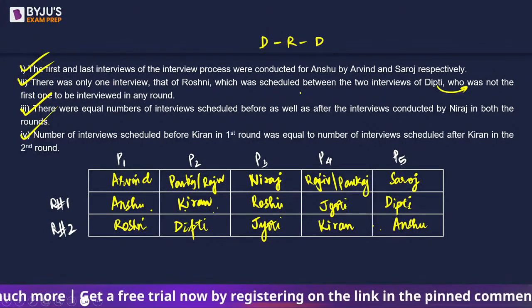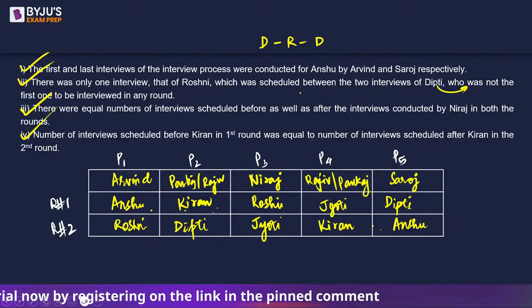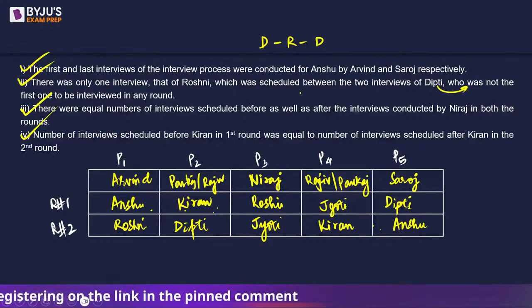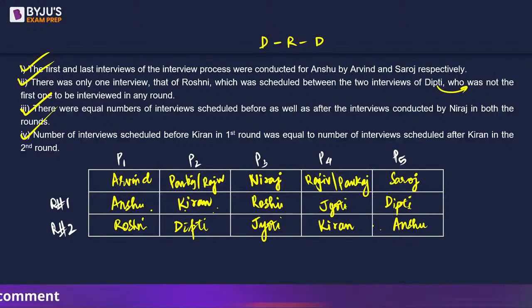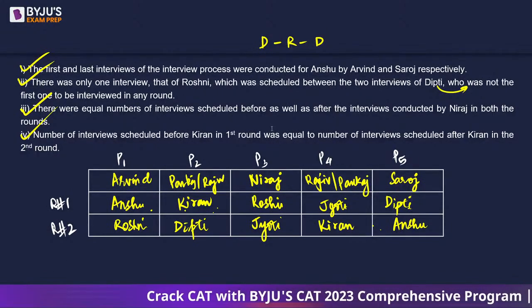Do we know about Roshni? Yes, we know कि first round में Neeraj took, second round में Arvind took. Do we know about Jyoti? No. Do we know about Dipti? No. So can we say there are only 2 such candidates जिसका interview हमें fix है? We know how many people took that interview.